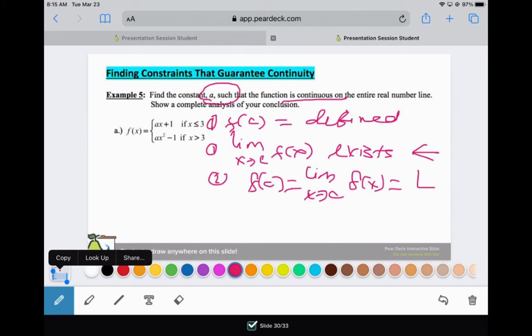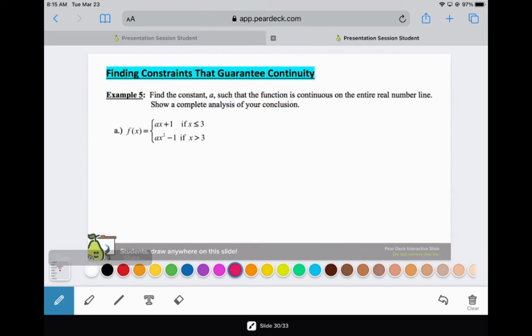So for this one, I'm going to clear this so we have space. What you need to do is figure out the a value. Notice this function has an a, which I don't know. So I have to do step 1, which means I plug in the 3 for the x values, because I know x is 3 since that's f of 3.